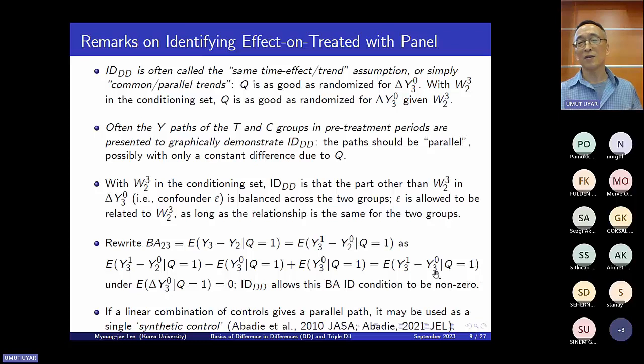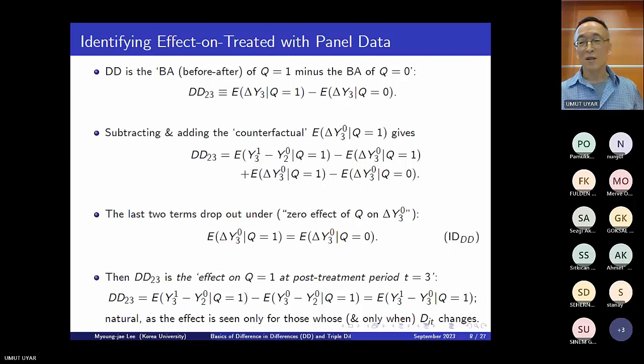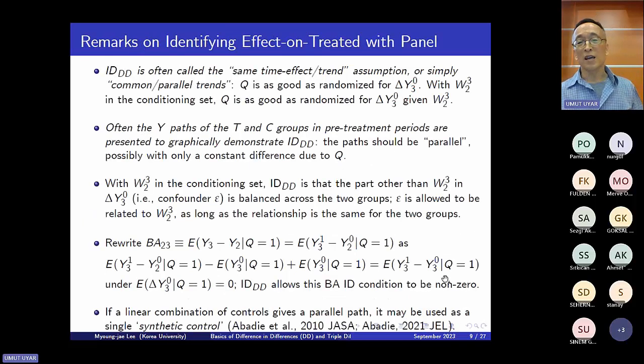That is the same as DD. If you go back to DD, what is identified is the effect at the post-treatment period 3 on the treatment group. And BA, in fact, identifies the same thing here.